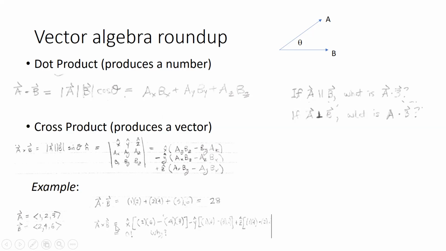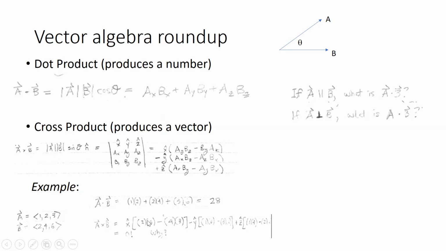Taking the cross product, using this definition here, I'm not going to go through it in gory detail, but you can pause and verify that what I've written here obeys this rule for the cross product.